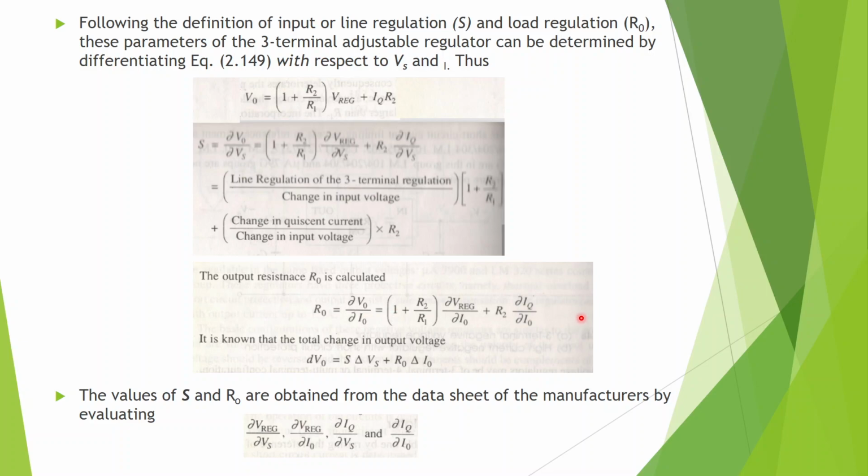Now the total change in the output voltage dVO is given by this equation. Now we can obtain the values of S and RO from the data sheet, and from those values we can find out these values. And now we will take up a numerical to do that.